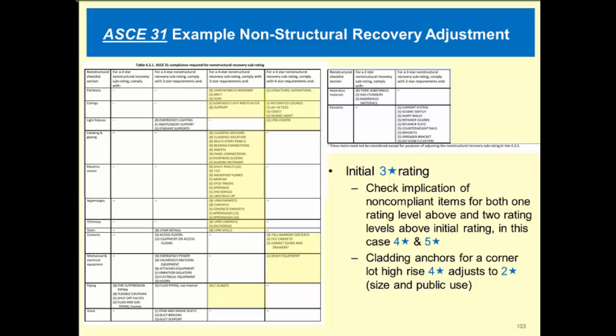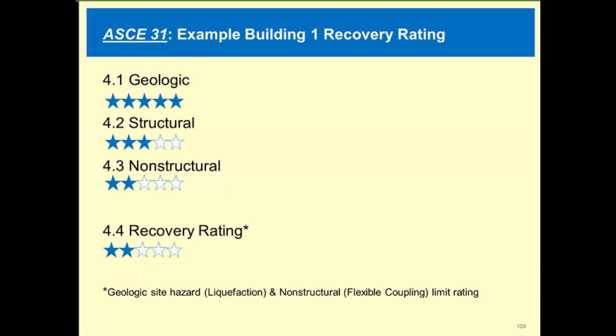So if we also have cladding that may fall off the building, that would pull us down another star. So we started out with 3-star, but because of these recovery adjustments, we've revised it down to a 2-star. For our example building, we had a 5-star geologic sub-rating, 3-star structural, and 2-star non-structural. So our overall rating was limited to 2 stars.